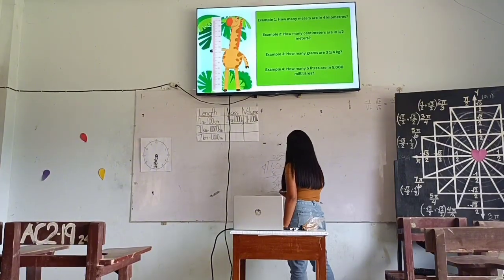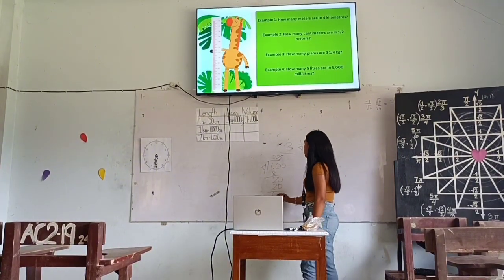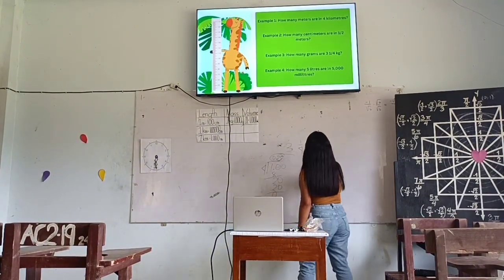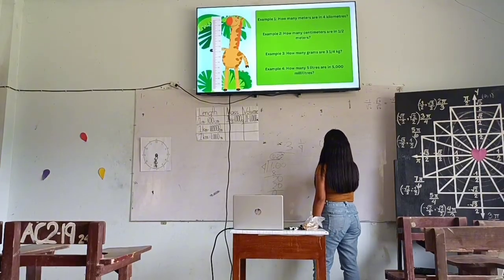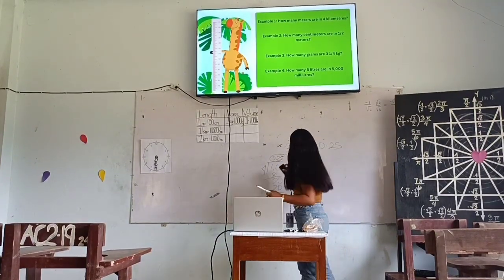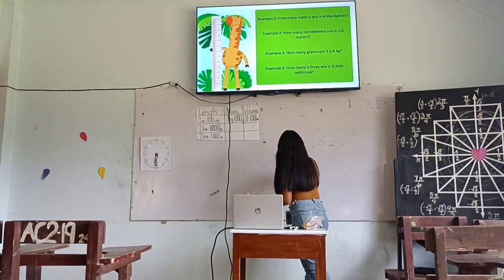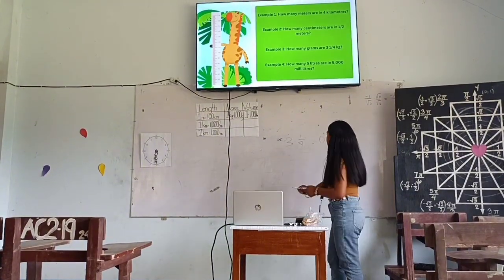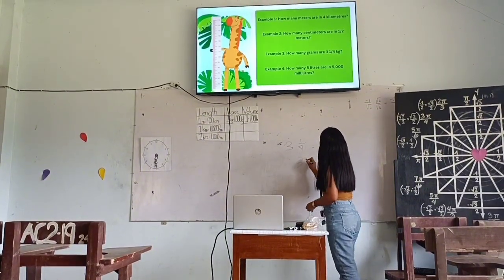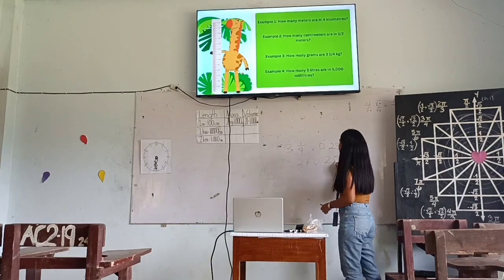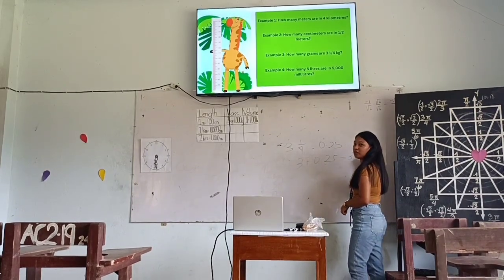And 20 minus 20 is 0. So the answer is 0.25 in decimal form. Now, let's add the 3 plus 0.25. What will be the result? Of course, 3.25.